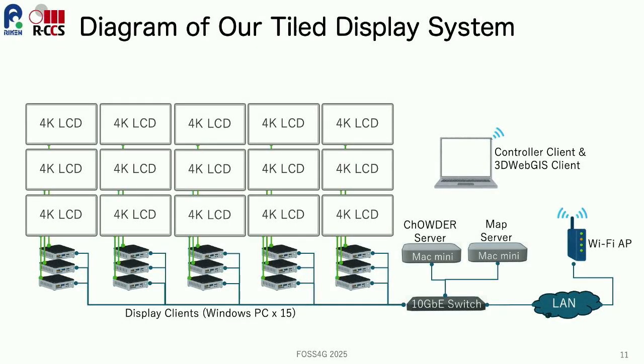This is a diagram of our facility. We have 15 4K displays, and each display connects to a single Windows PC. And we have the map server for the performance test, and we have the ChOWDER server here.